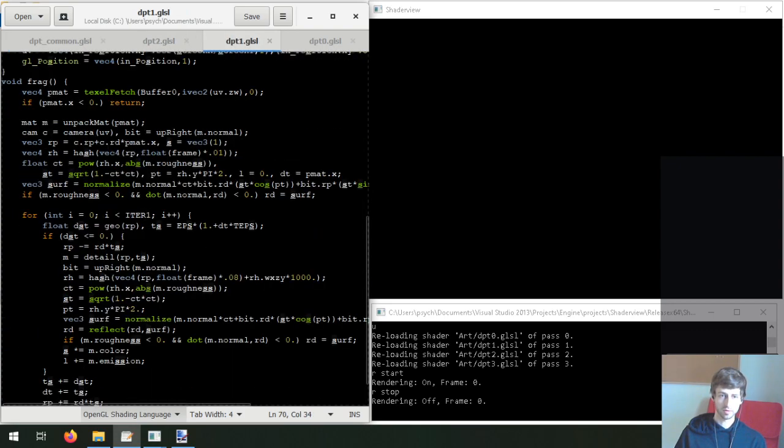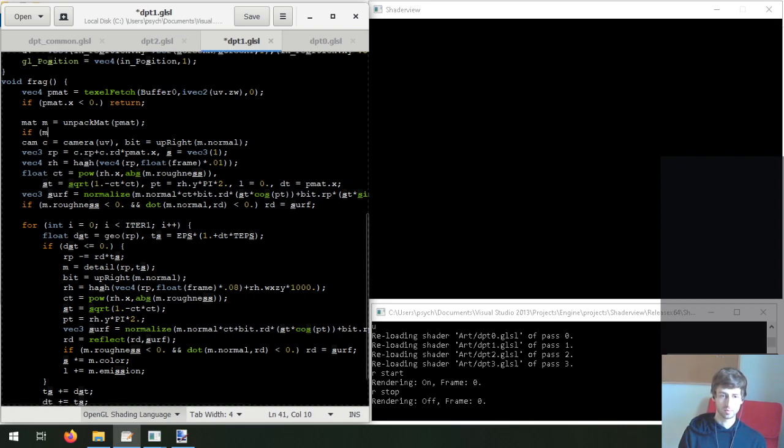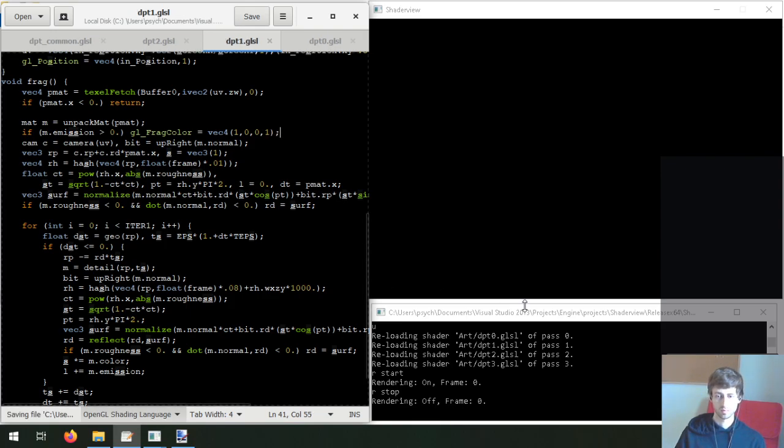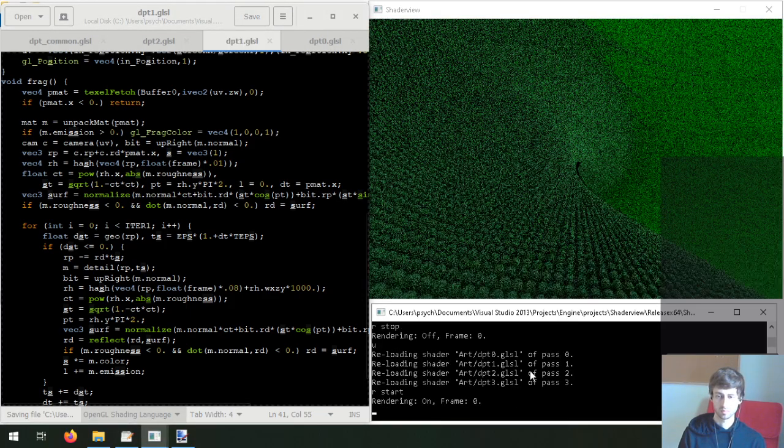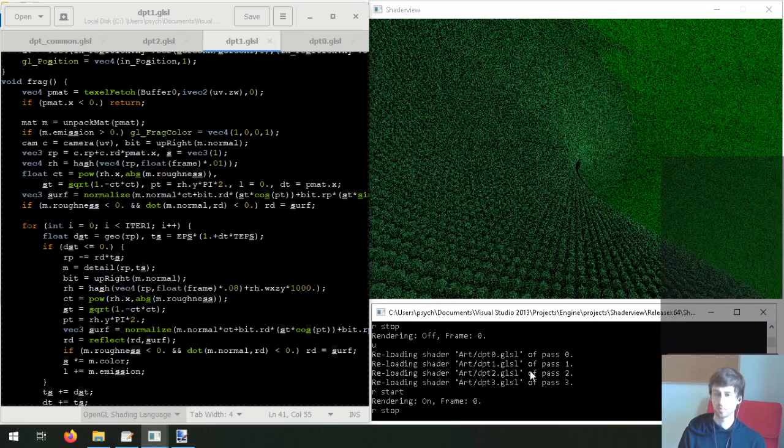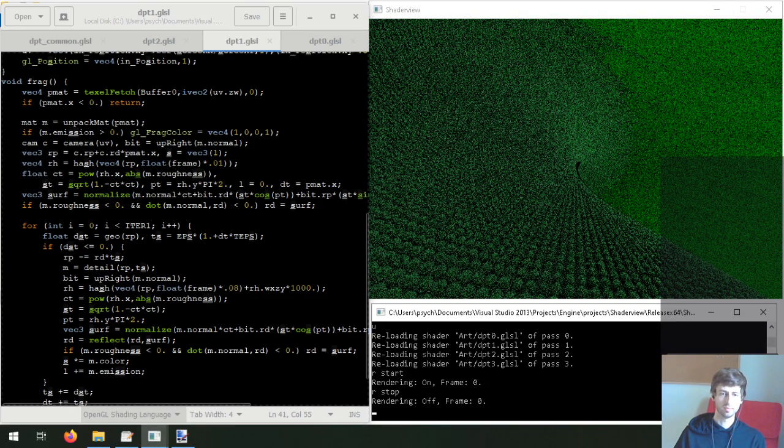Okay, let me check if it's outputting emission for whatever reason. No? Huh.